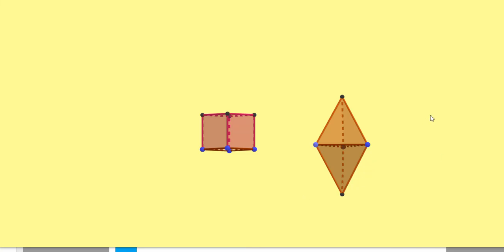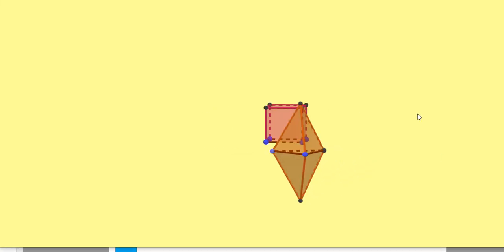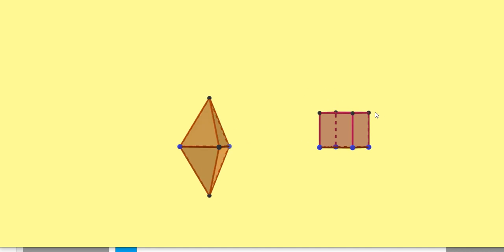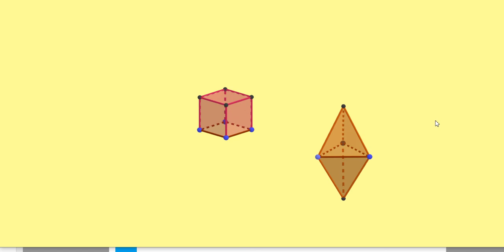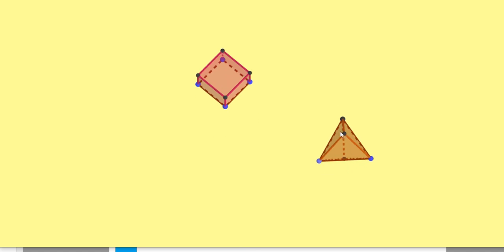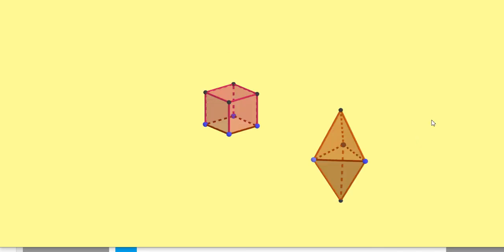Now look at this polyhedron. Here you can see each face is a congruent polygon, that is a congruent triangle. But look at the vertex. Here this vertex is formed by 3 faces, 1, 2 and 3.